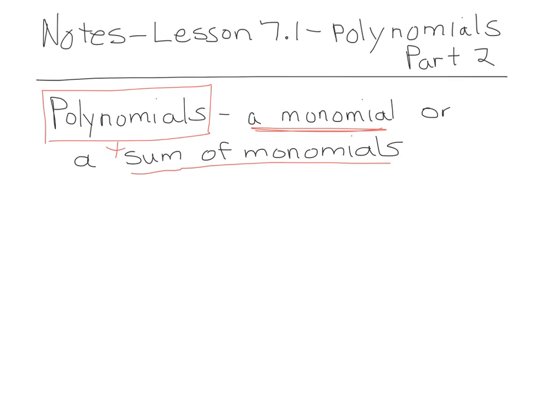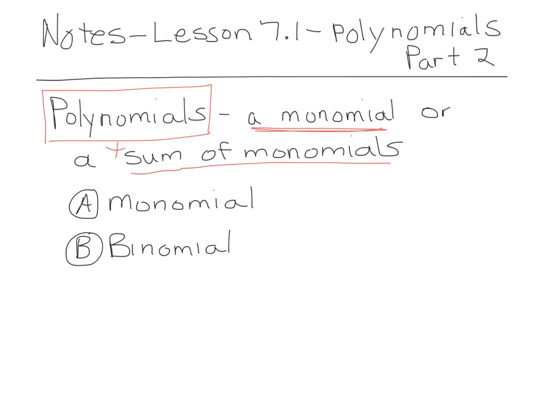Okay, so let's just talk about that a little bit. A polynomial could be a monomial. It could be a binomial. It could be a trinomial. Or you could just say polynomial.